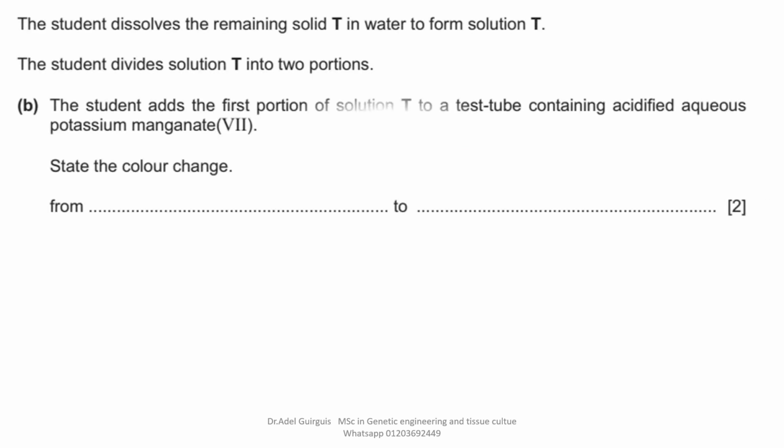Now for letter B. Letter B asks about the anion sulfite. Sulfite is detected by adding acidified aqueous potassium manganate(VII). Sulfite is a source of sulfur dioxide, SO2. Sulfur dioxide reduces KMnO4 from purple into colorless.